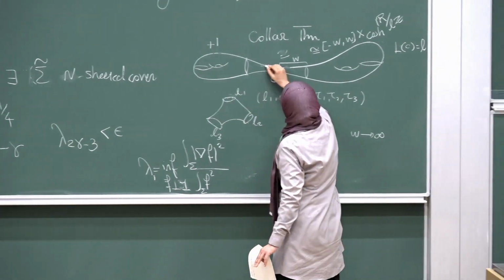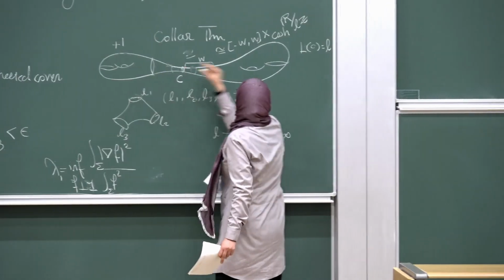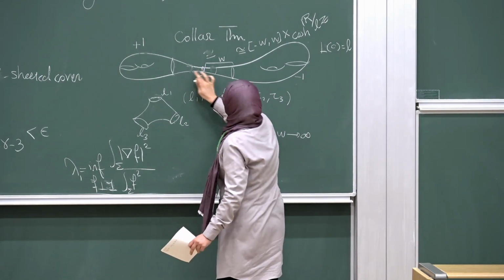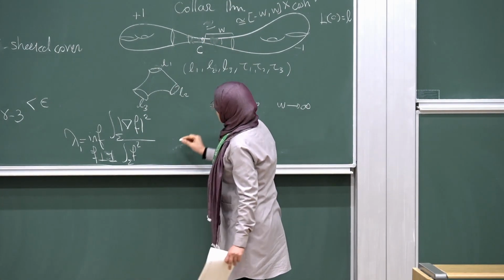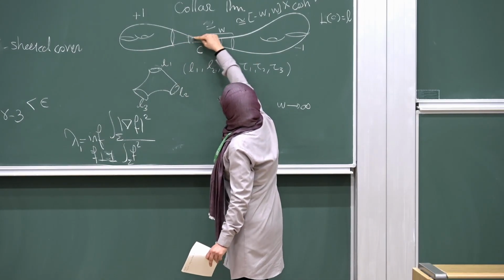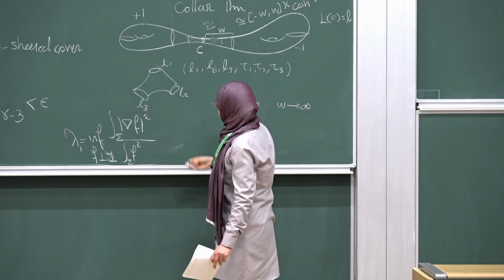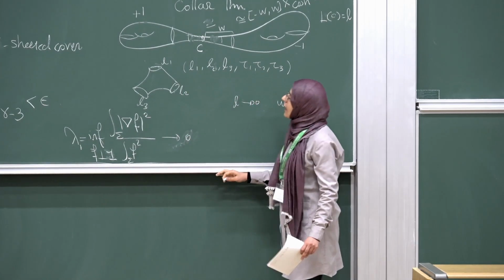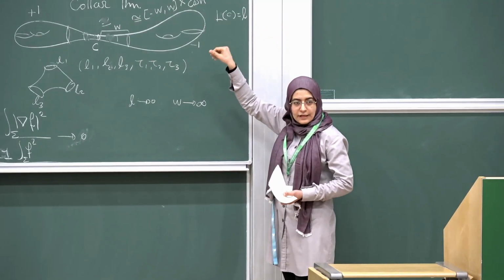I go distance 1 away from my geodesic: plus 1 here, minus 1 here, and then I decrease on this side. With this kind of test function, when the length shrinks, the cylinder of width 1 has volume shrinking, so the quotient goes to 0. And we can repeat this picture if I have more genus, so we do more shrinking.